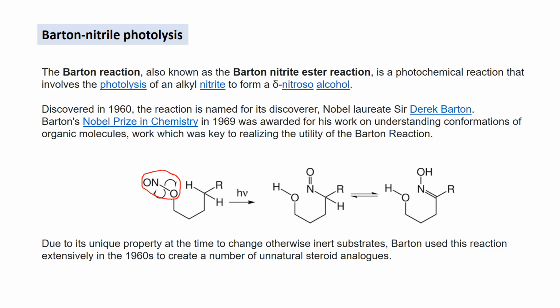The delta hydrogen with respect to this nitrite group, marked alpha, beta, gamma, and this is delta, gets abstracted, and this group shifts from here to this delta carbon, and after that, through tautomerization, this comes here.